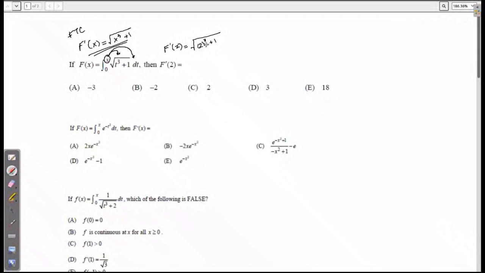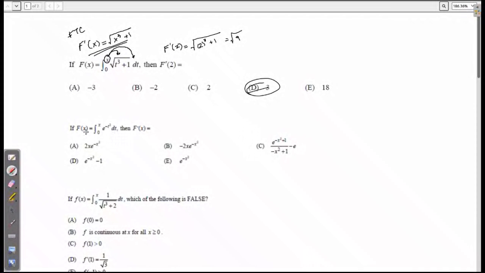And so I've got 2 cubed plus 1, which is the square root of 9, which gives me 3. And so I'm doing the same thing on this problem down here. It's just I don't have this secondary step to do. All I'm doing is a strict substitution.